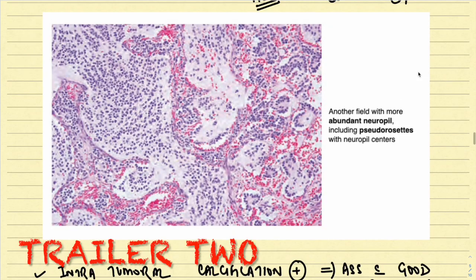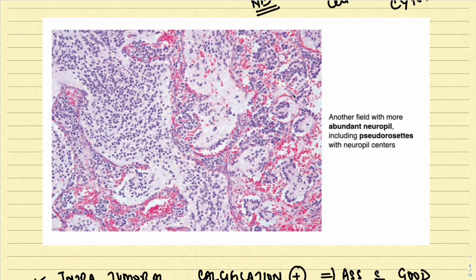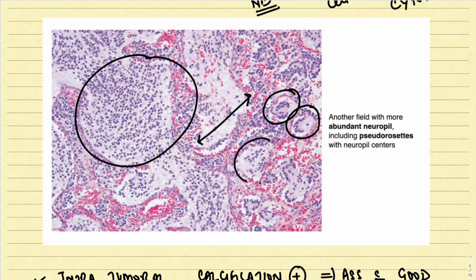If you look at this other diagram, we can see all the features that we have already appreciated above. We can see an abundant amount of neuropil, we can see the solid sheets of neuroblasts, and we can see certain structures over here. What are these structures? Can anyone of you tell or guess?